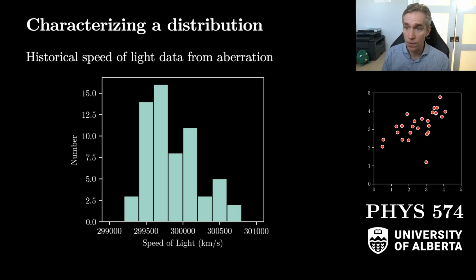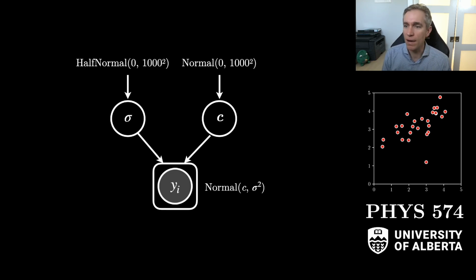So we can construct a data model here. Let's use the framework of a graphical model, because that's how pymc would think about this. We're going to lay down two different parameters here, where we say that this distribution is going to be described as a normal distribution with a mean of C, what we care about, and then a variance sigma squared.